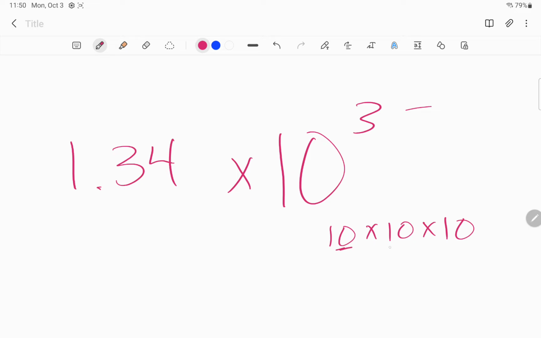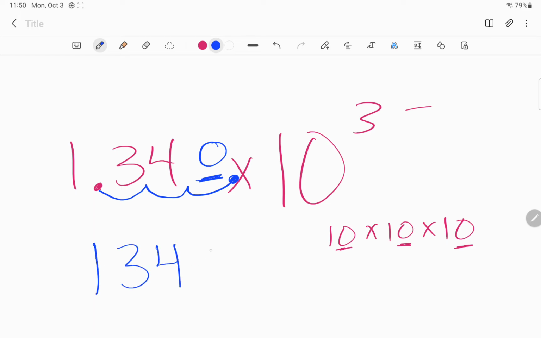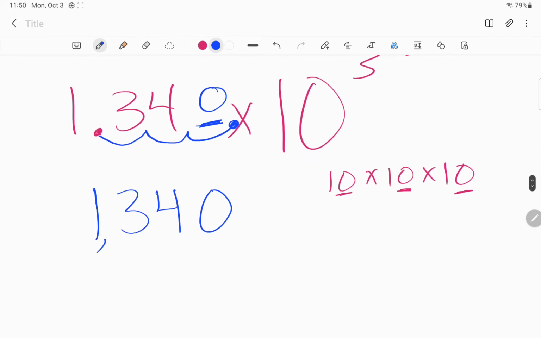So you want to know, okay, well, I've got 3 place values with the 0. That means my decimal here needs to move 3 place values. So your decimal should be here, but the problem is there's no number there. I'm going to put a 0 in there. So the answer should be 1340, or 1,340.